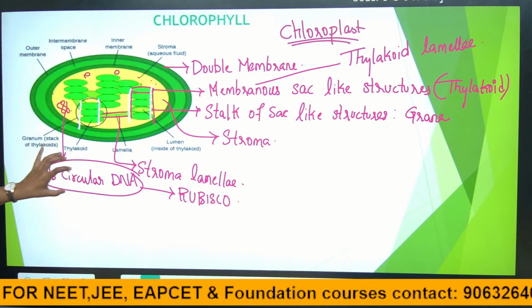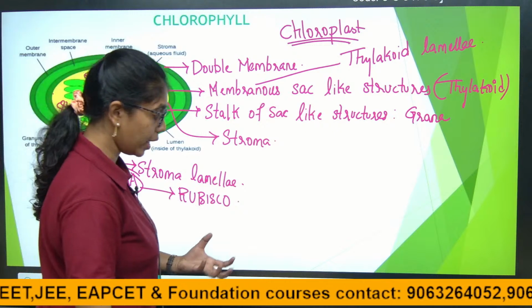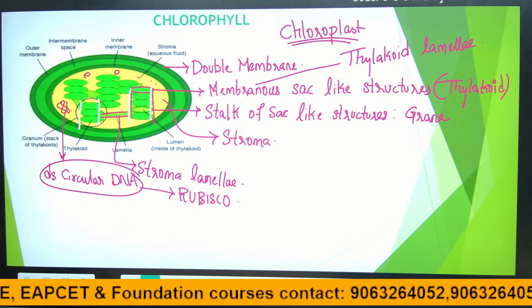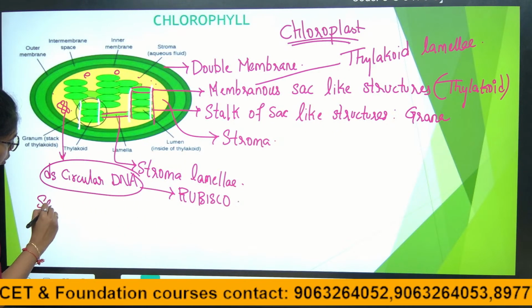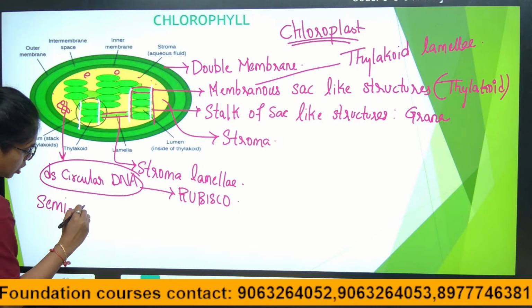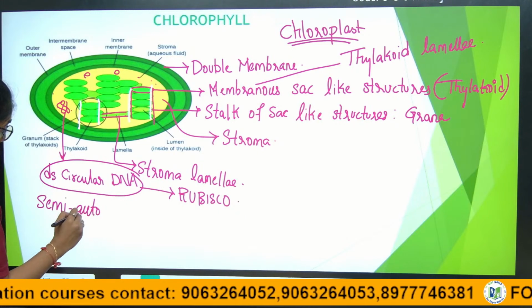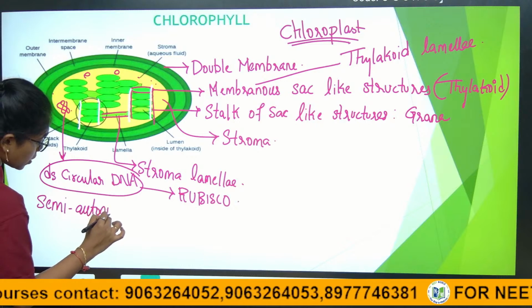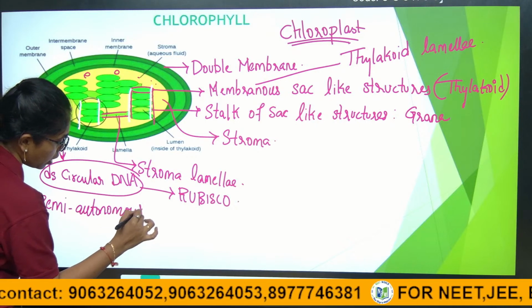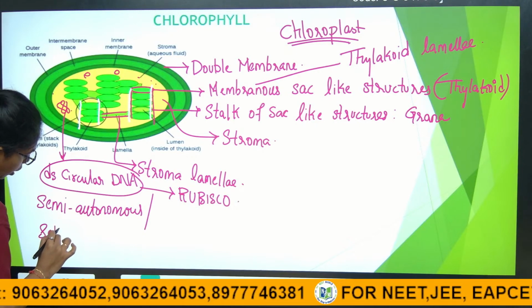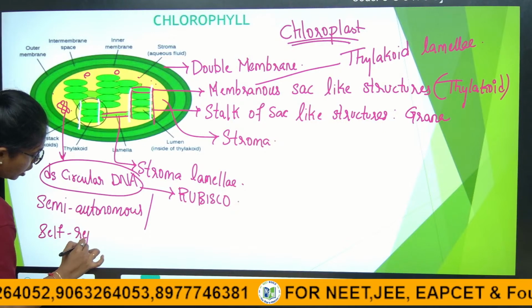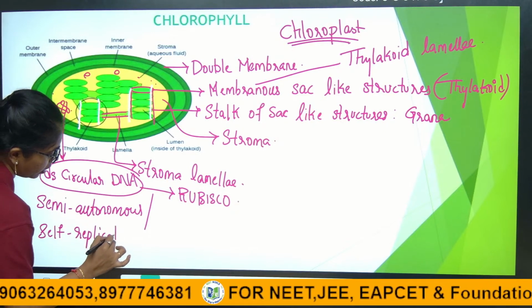As it has its own DNA, this organelle is called a semi-autonomous or self-replicating organelle.